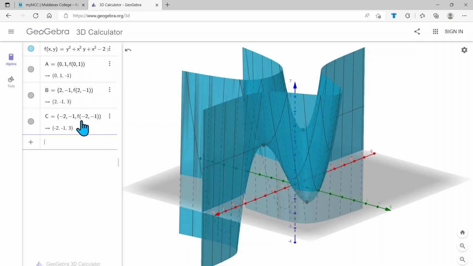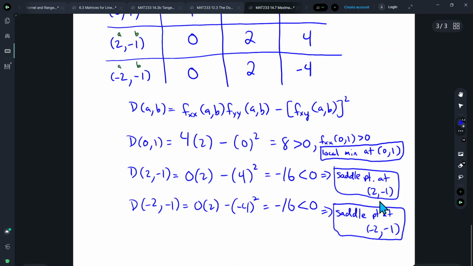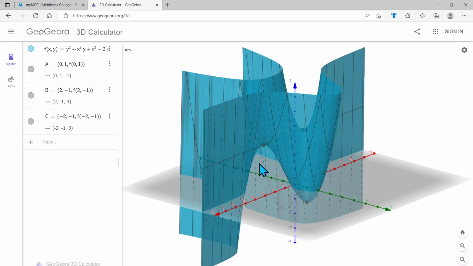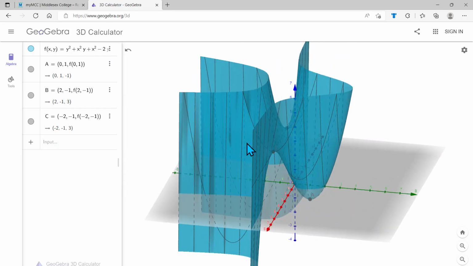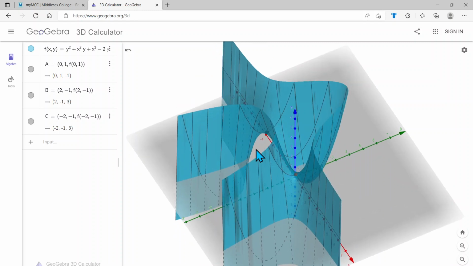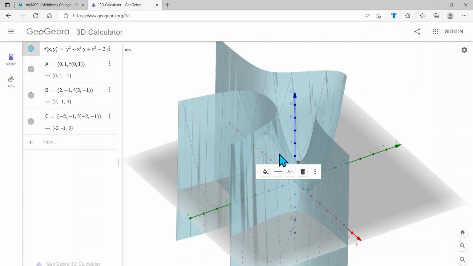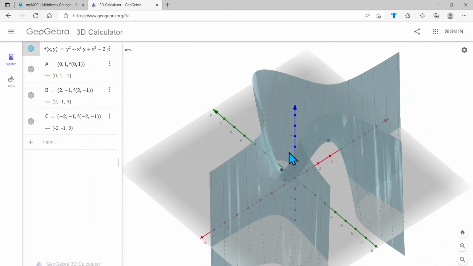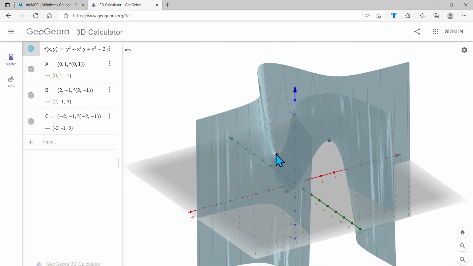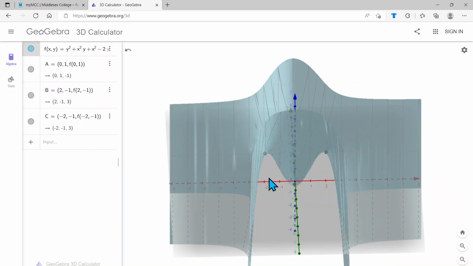Okay, so at 2, negative 1, and then at negative 2, negative 1. So we should have 2 critical points, and when we rotate the graph, you can see the point B is located here at this saddle point, and the point C is located here at this saddle point.